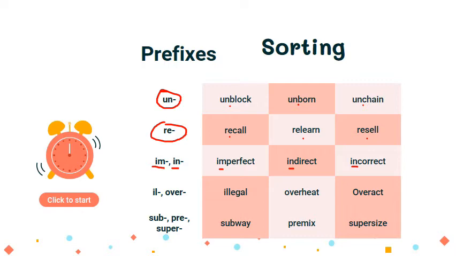I have words with the prefixes ill and over, as in illegal, overheat, and overact. And I also have words with the prefixes sub, pre, and super, as in subway, premix, supersize.